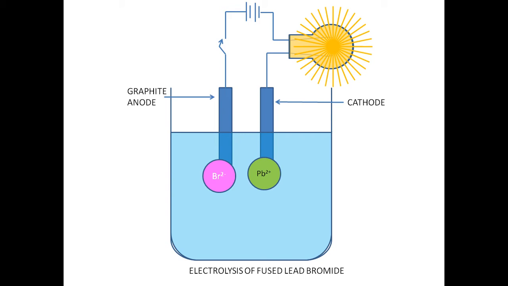So here we can see that the ions are migrating towards the anode and cathode.